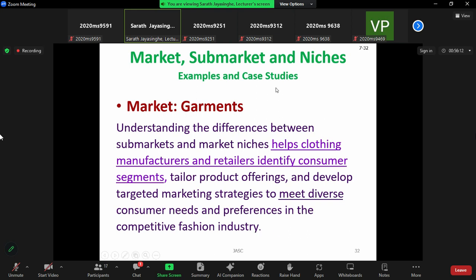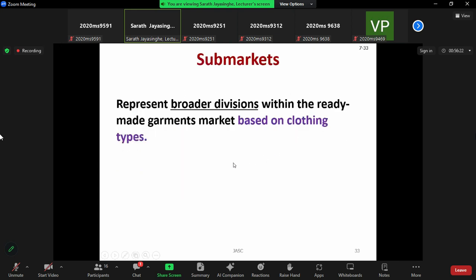So this is about the fashion industry. So you are trying to understand market, submarket, and niches, right? So the submarket represents broader divisions within the ready-made garment market based on clothing types, right?